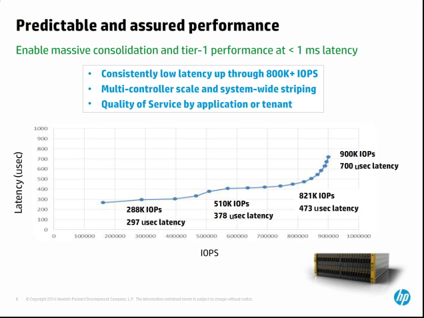So we can see here over 500,000 IOPS at less than half a millisecond, 500 microseconds of latency. So this really enables this massive consolidation and this ability to lead all of your mission-critical applications with an all-flash platform based around the 3PAR 7450.